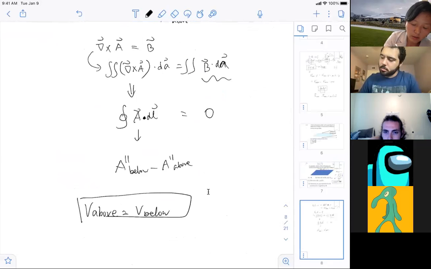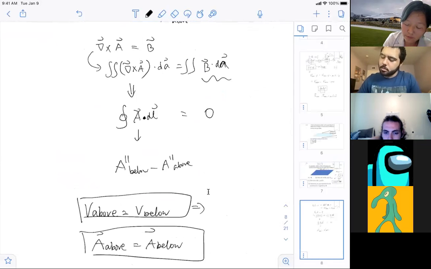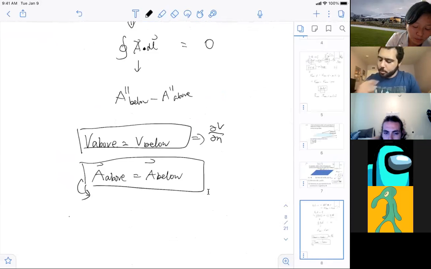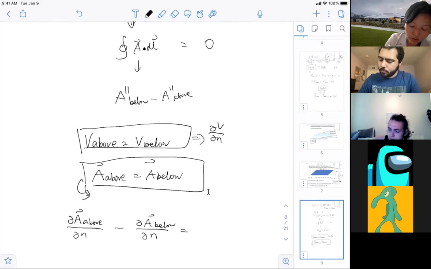We can also have A above equal to A below as a vector. We can rewrite E in terms of V as dV/dn. So we can also make this into dA/dn. All right, so it becomes dA above/dn minus dA below/dn is equal to negative mu naught K.